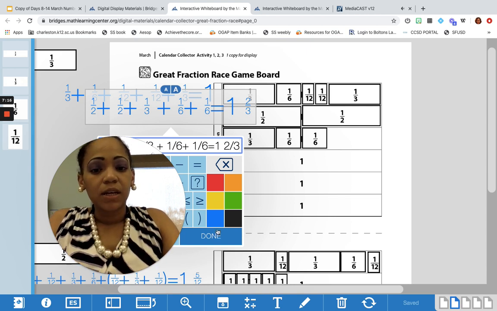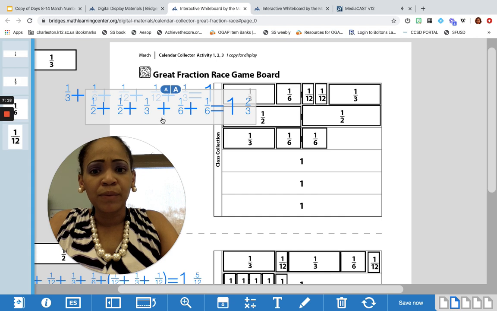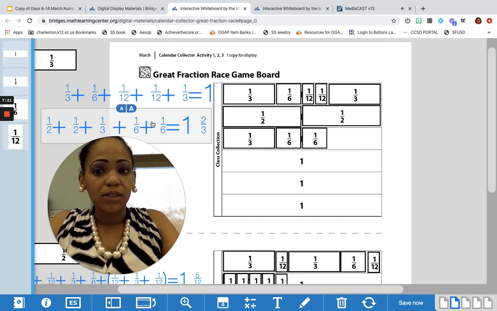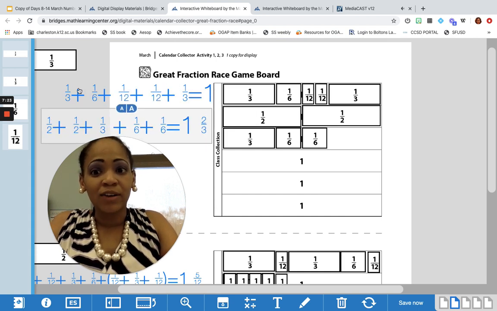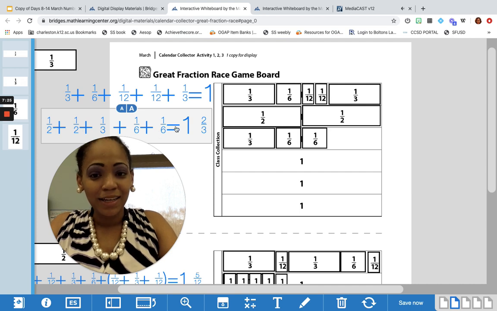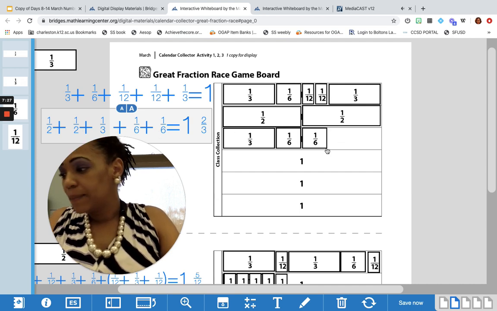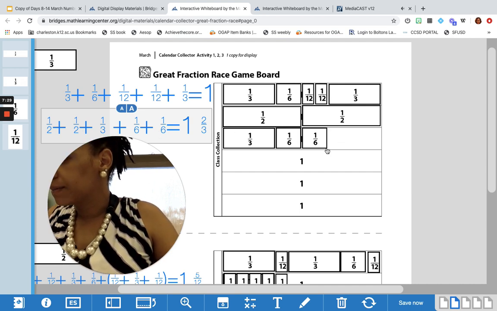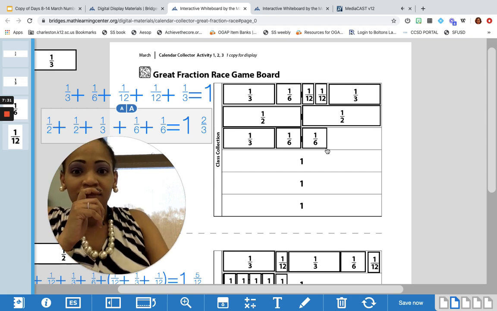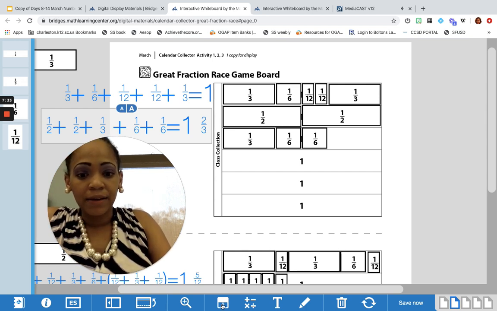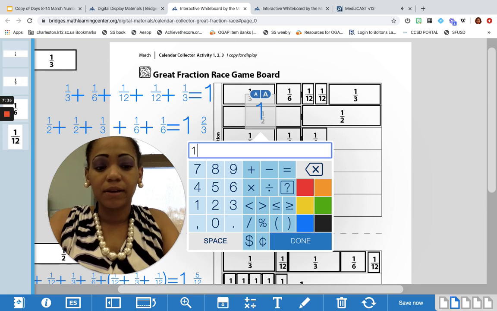Now, the thing is though, we're racing to a whole. So really, essentially, we've added all these fractions together and we've landed here. How many holes have we filled up thus far? Yeah, and I can write a separate equation.